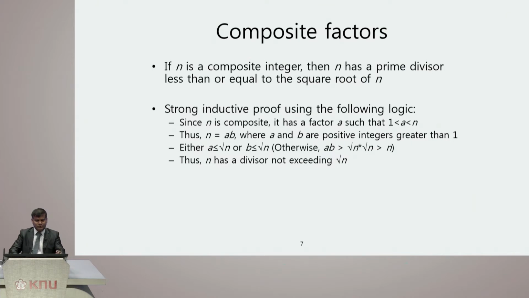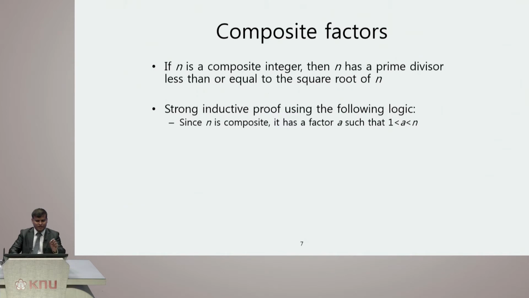The proof is quite clear, in which we have a composite number n and we have a factor. The factor is a. We start from the beginning again. It has a factor a such that a is between 1 and n, and we thus have n equals a times b, and again a and b are positive integers greater than 1.